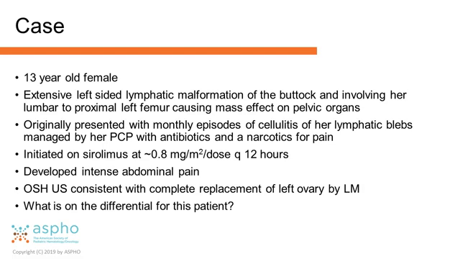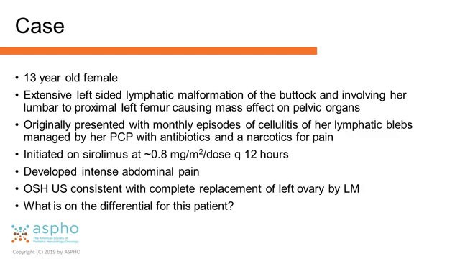Our next case is a 13-year-old female with a lymphatic malformation involving the left buttock and lower back with extensive involvement causing mass effect on the pelvic organs. She initially presented to our Vascular Anomalies clinic after a chronic history of cellulitis and oozing related to her lymphatic blebs, multiple ED visits, and frequent use of narcotics for pain.